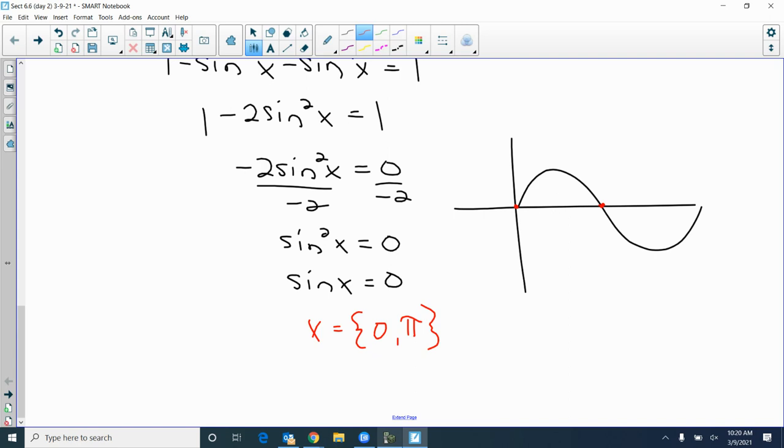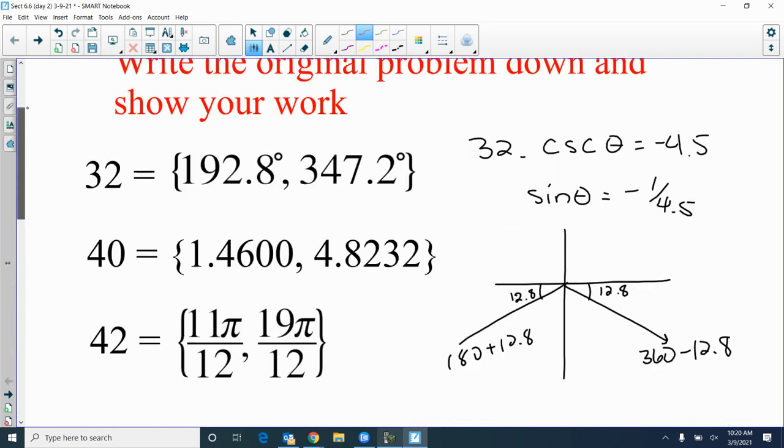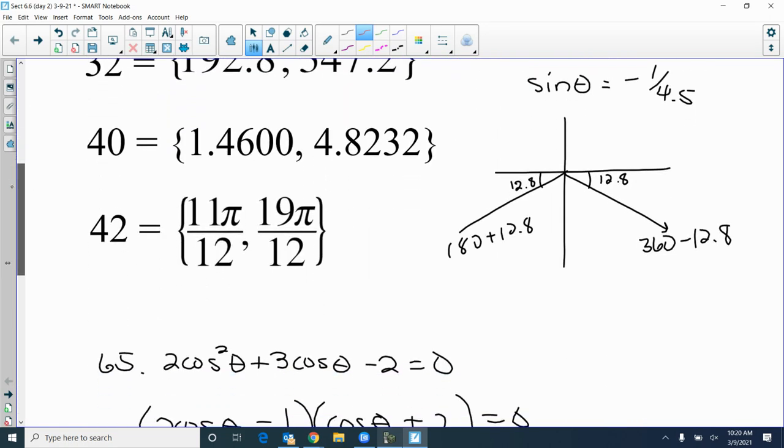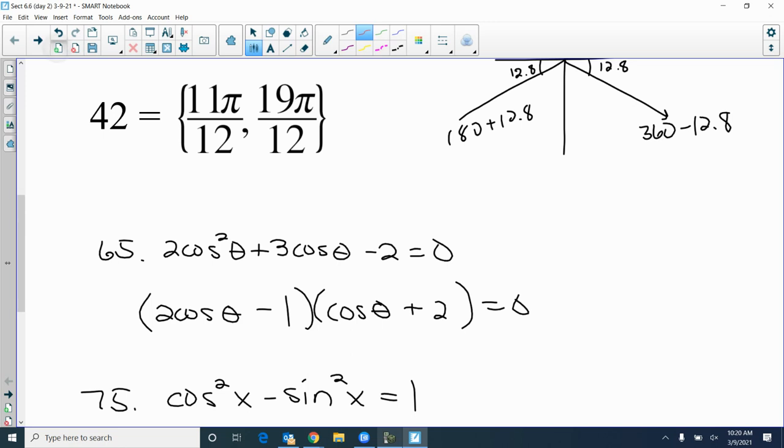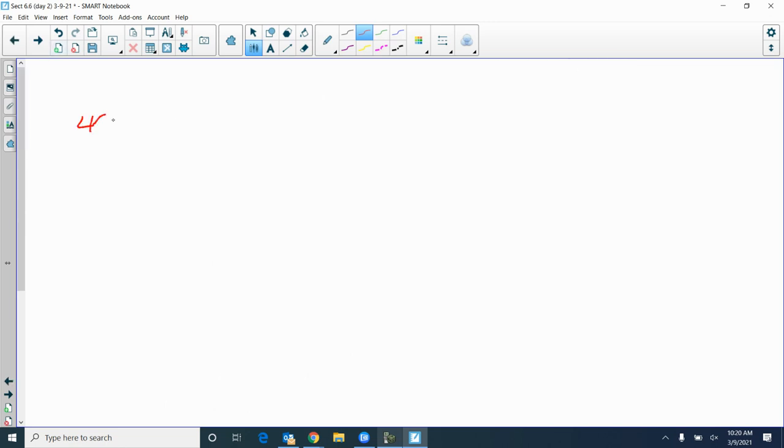Did you do 42? Yep. So 42 is, let's see, 42. Is it the sine of x plus pi over 4 equals, no? Not even close.